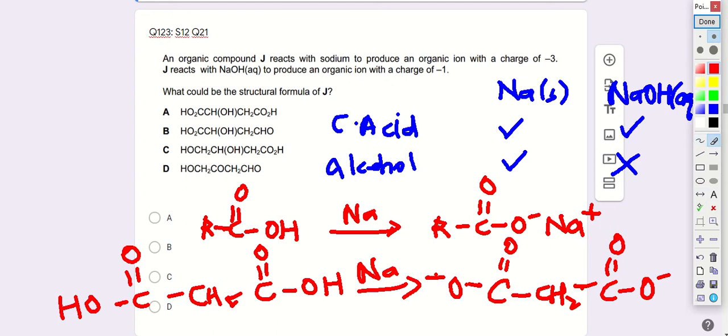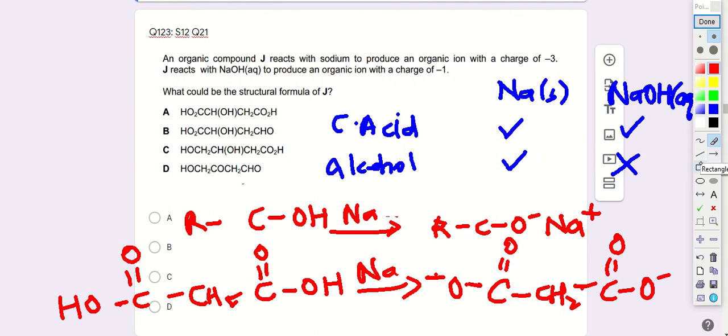Now let's look at what if I use sodium hydroxide. It will still be the same for carboxylic acid. Even if I use sodium hydroxide, I still get a carboxylate salt like this. Now let's look at alcohol. Alcohol can only react with sodium but not sodium hydroxide. So if I change this to alcohol, OH, I will get a product with -1 charge also.